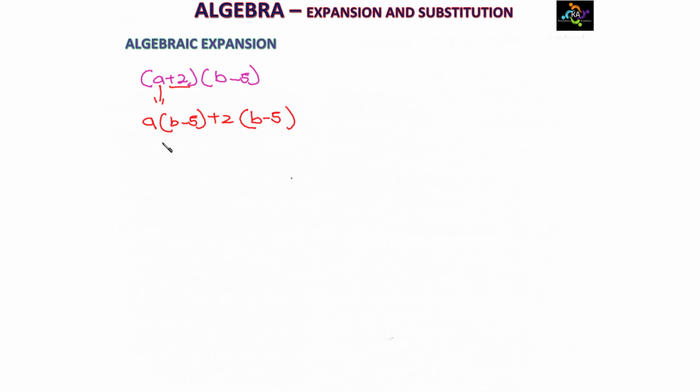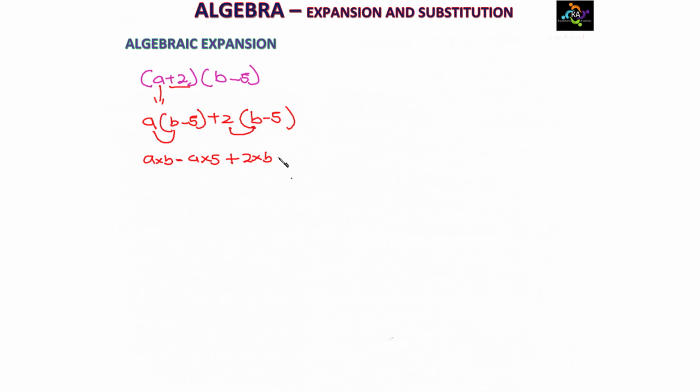Now, you've already done the larger part of it. Then you simplify. How do you evaluate this? A times b. That is ab. This will be minus a times 5. This will be plus 2 times b.